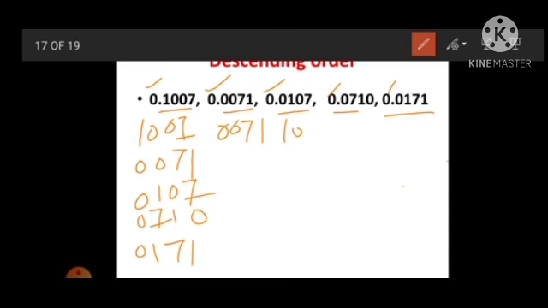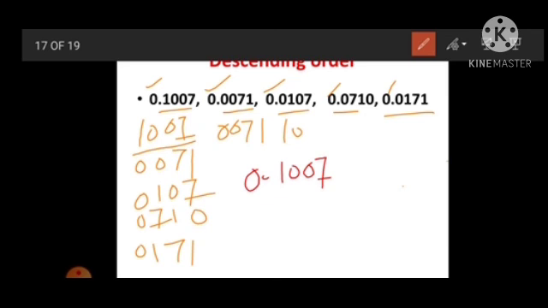Now after the decimal point we see this is 1007, 0071, 0107, 0710 and 0171. Descending order means biggest to smallest. So we write first the biggest decimal number. So 0.1007.